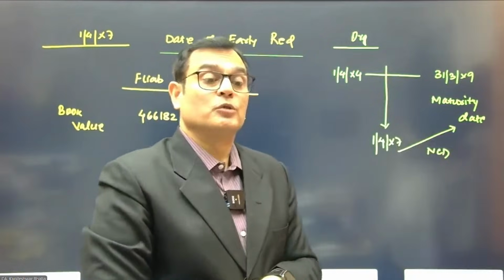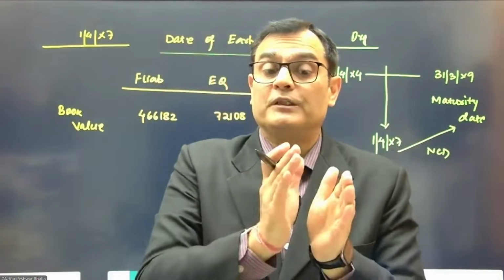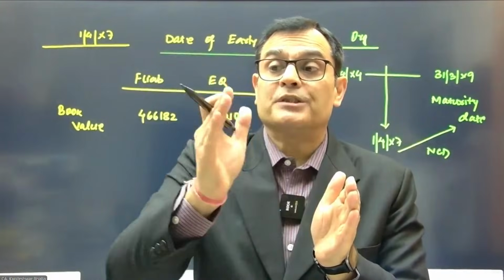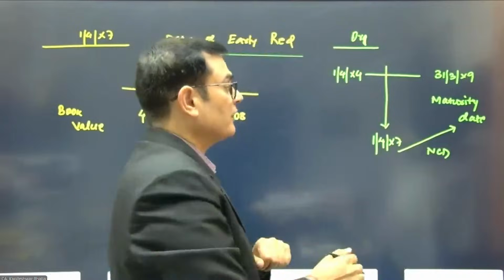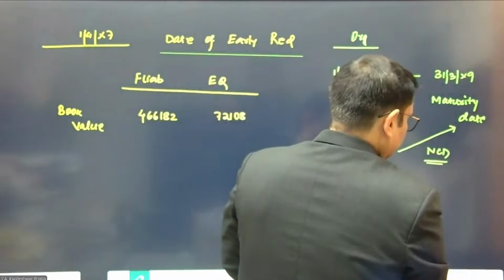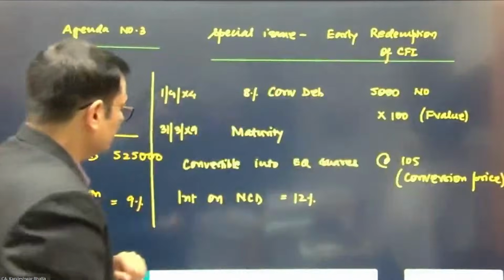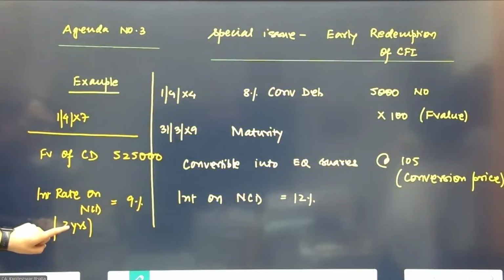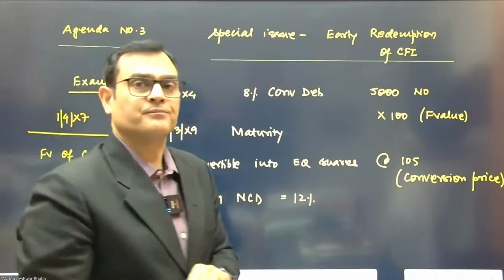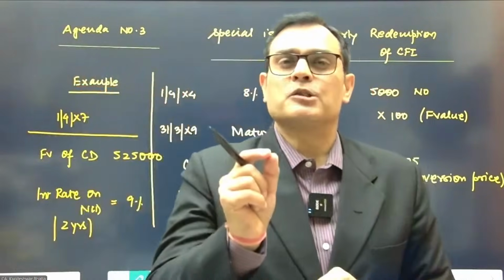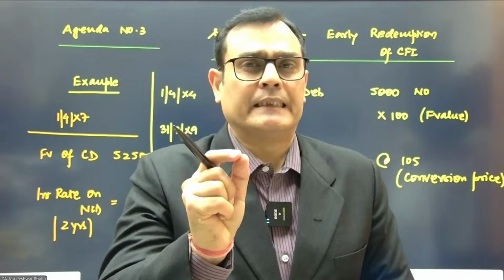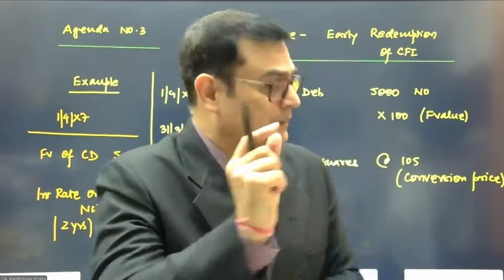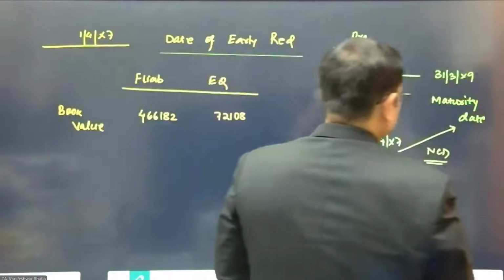Since there is another 2 years to go, if you would have issued a non-convertible instrument which is going to mature on the same date as the original maturity date, then what is the coupon rate in this case? And that's what I gave you. I said the interest rate on a non-convertible with a 2 years maturity is supposed to be 9%. That's the reason the 2 years is given, because we need to get the coupon rate on an NCD which has the same maturity date as the original convertible debt.